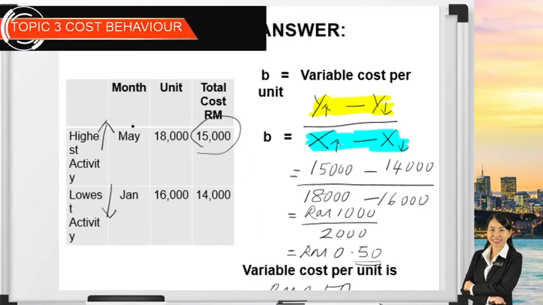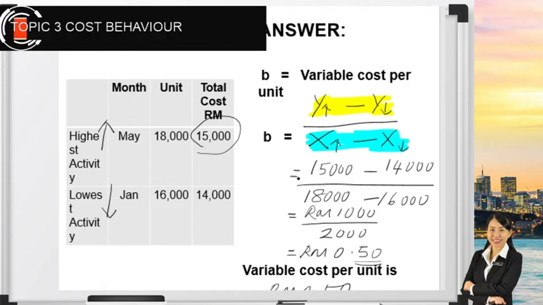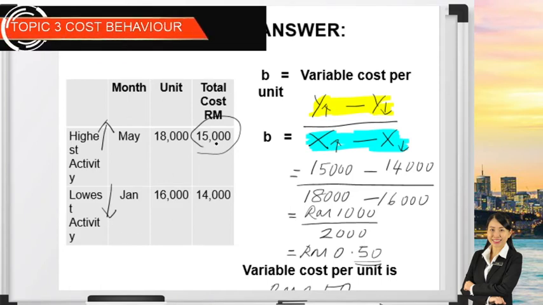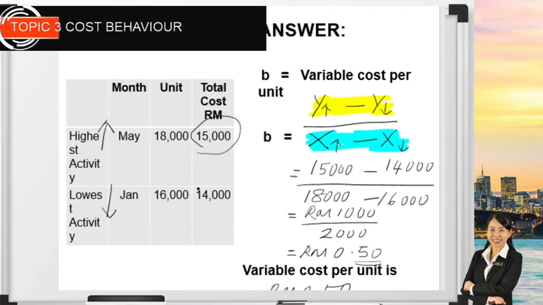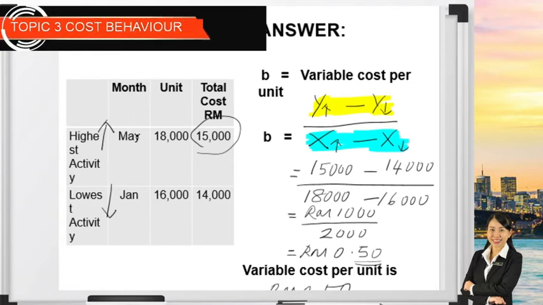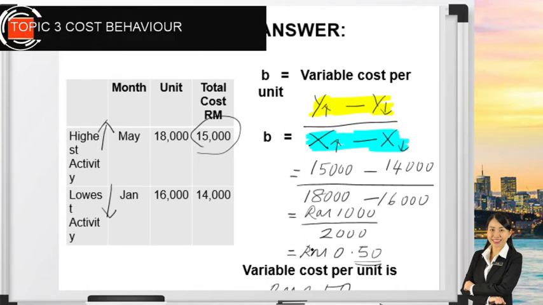This is the higher activity that we highlighted, and the lowest. So we minus out highest minus lowest, divided by highest minus lowest activity. So we will have 50 cents for variable cost per unit. So we already found out our variable cost per unit is 50 cents. Let's see how to find out total fixed cost.